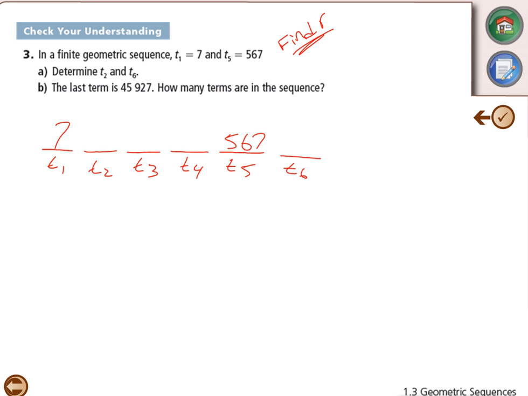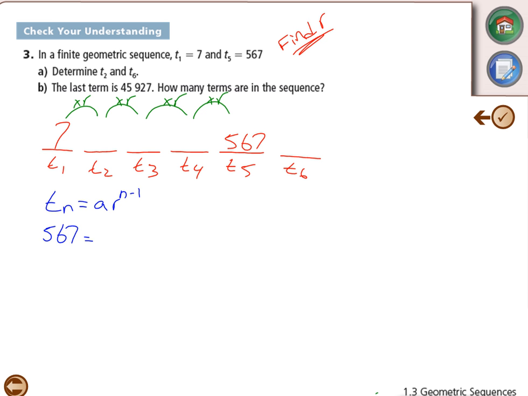All right, let's algebraically work this through here. What's happening is we're saying we got to multiply by R, by R, by R, by R. So in order to algebraically work, we're going to use our formula. Tn equals AR to the n minus 1. Let's look at T5. T5, we know, was 567. That's the value. We know what T1 is.